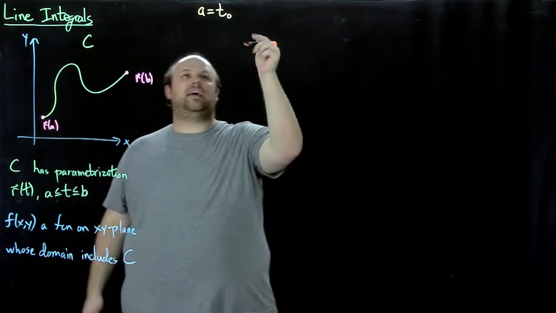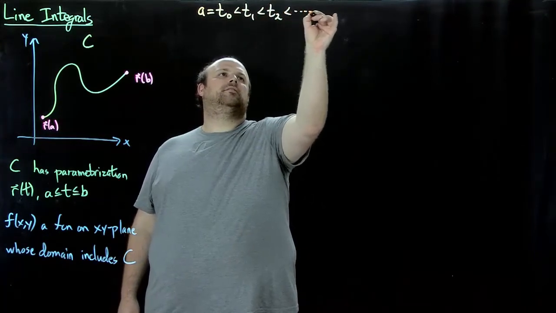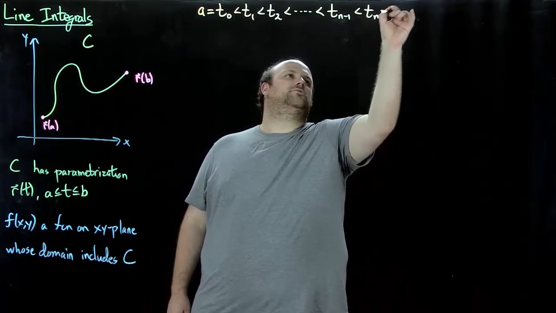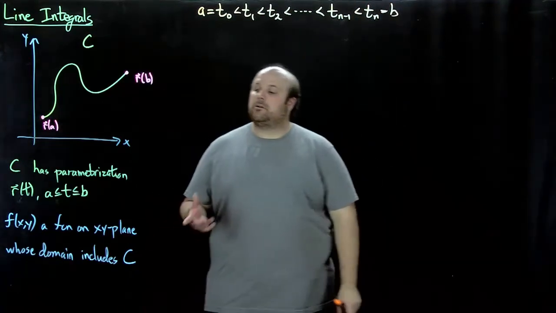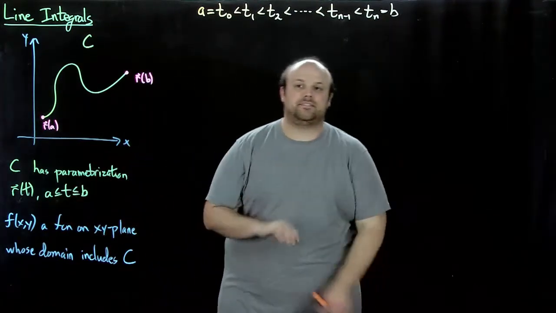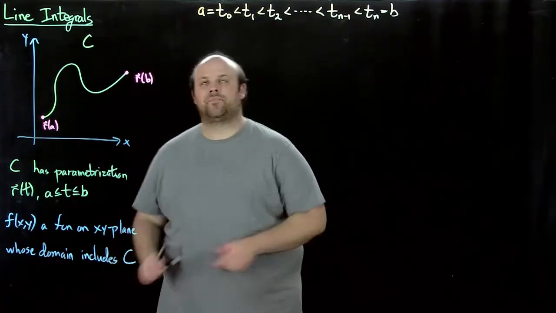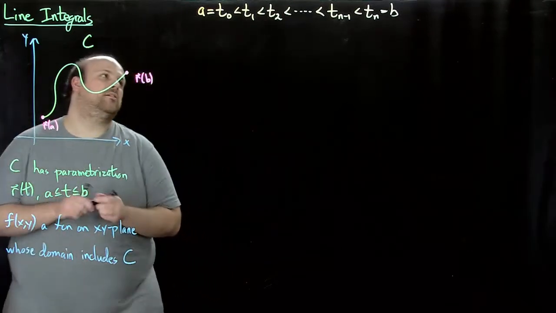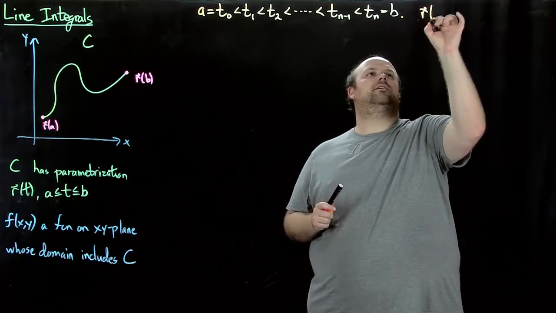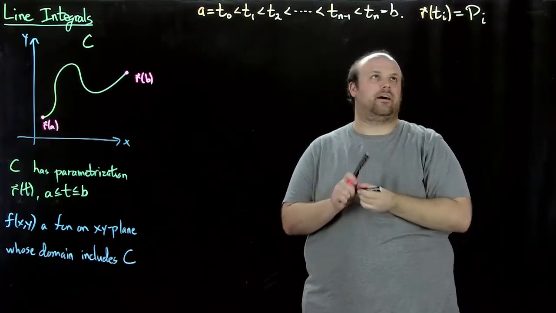So we'll call t naught a, and that'll be less than t1, and that'll be less than t2, and so on, and then t n minus 1, t n, which will be b. Right? So what we've done is we've broken the interval here into n small little pieces. Okay, so what does that do to the curve? Well, let's say we define r of ti to be equal to the point pi.